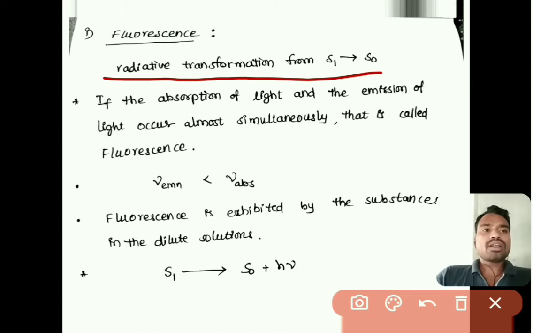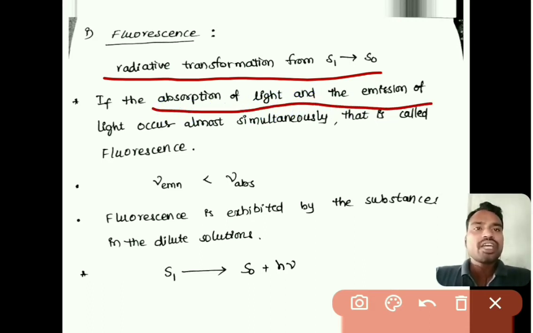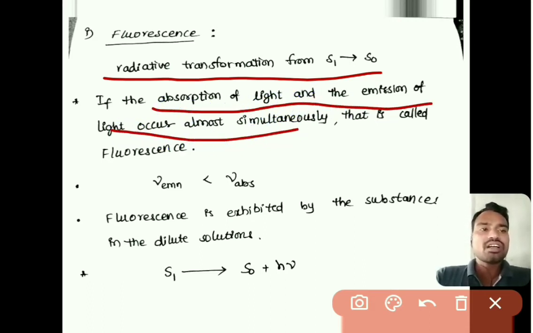As these two are similar kinds of energy states, because there is no spin change, spin multiplicity is not changed between these two singlet states. S0 is also a singlet state, S1 is also a singlet state. So because of that, the absorption of light radiation and emission of light radiation occur almost simultaneously. So that is called fluorescence.